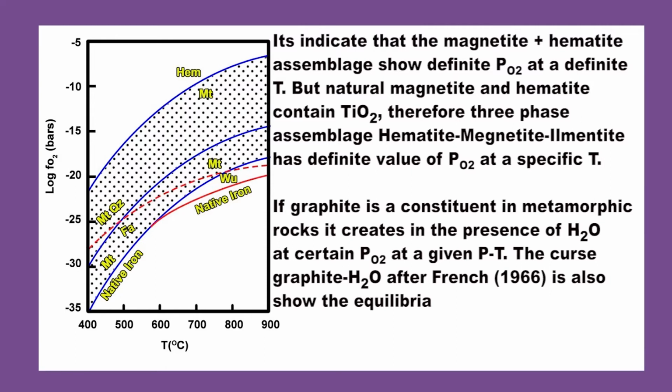Therefore, the three-phase assemblage hematite, magnetite, ilmenite has different values of PO2 at a specific temperature. If graphite is a constituent in metamorphic rocks, it is created in the presence of H2O at a certain PO2 at a given pressure and temperature. The curve graphite-water after French 1966 is also shown.